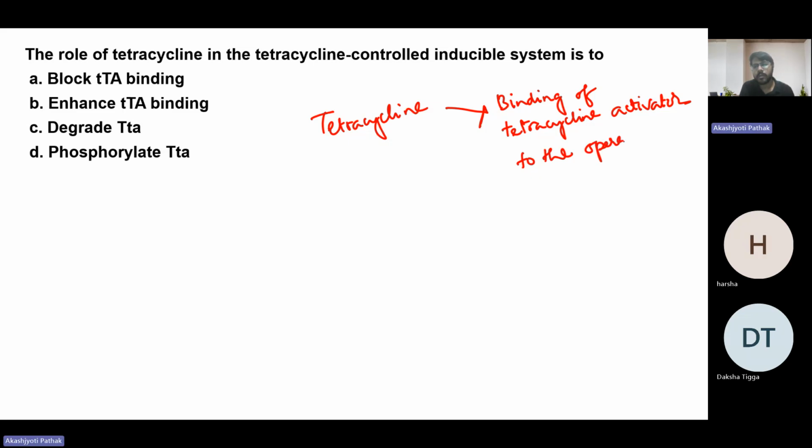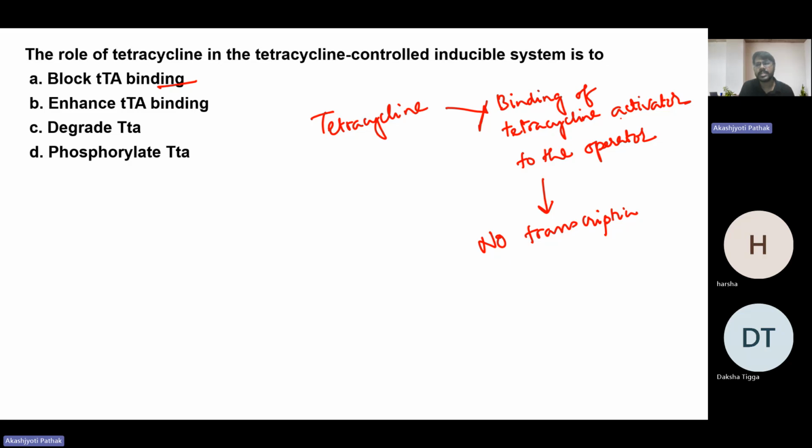And if your tetracycline transactivator is not able to bind to the operator, then there will be no transcription. So what your tetracycline is doing, it is blocking TTA binding.